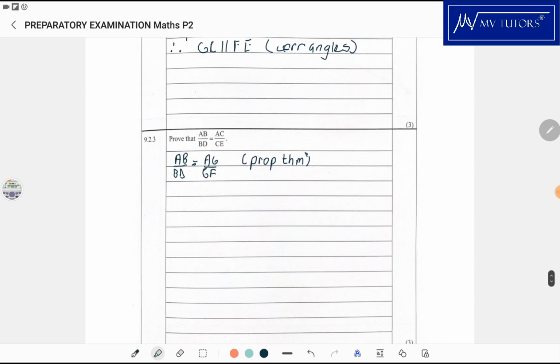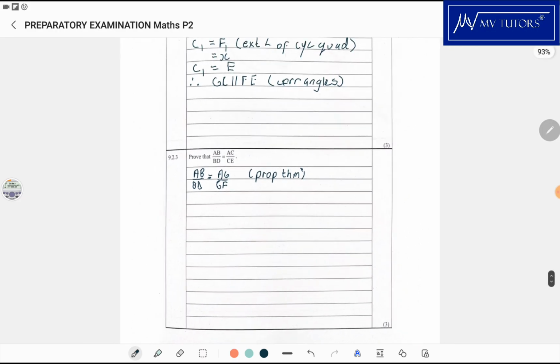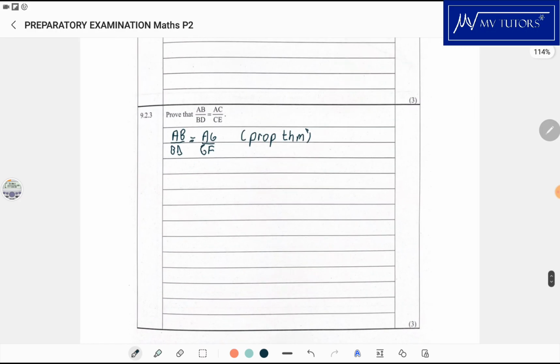Yeah, I've crammed it. Now let me go write it down. Oops, make it a little bit bigger. So now I'm saying that AG over GF is now equal to AC over CE.